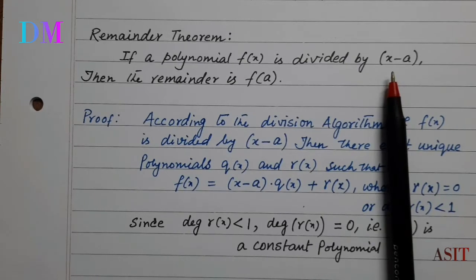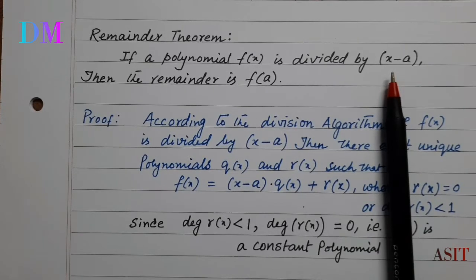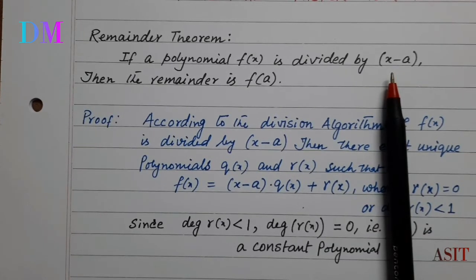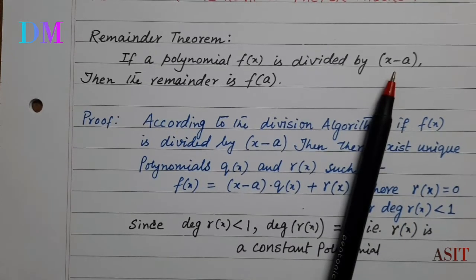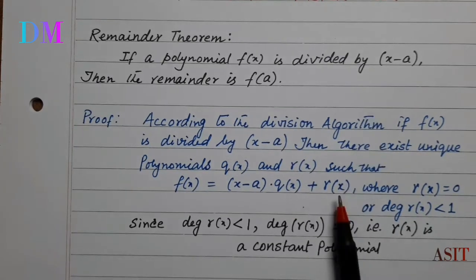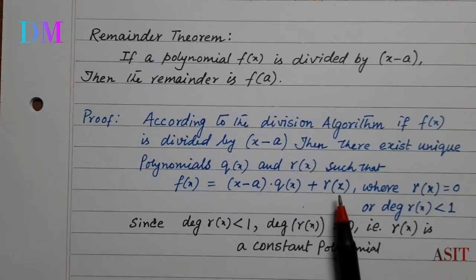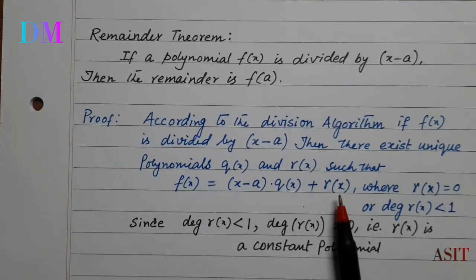And what about this divisor polynomial? That is, all the time will it be a linear polynomial? Or can it be a quadratic also, or a cubic polynomial also? The answer is, this divisor polynomial has to be a linear polynomial. Or else we cannot convert this remainder polynomial to only a real number.